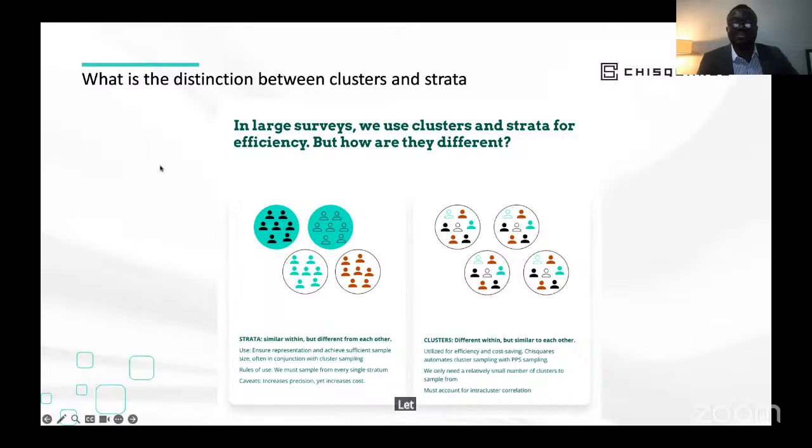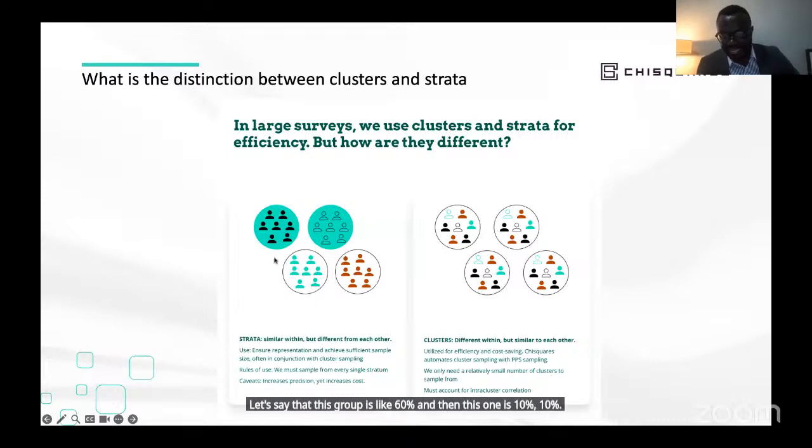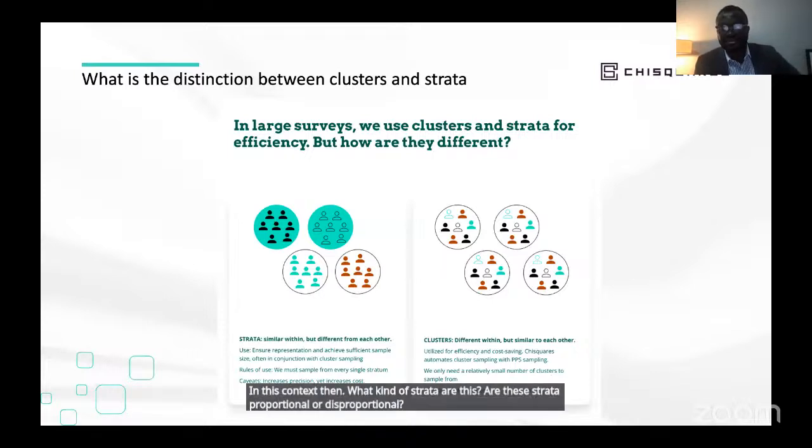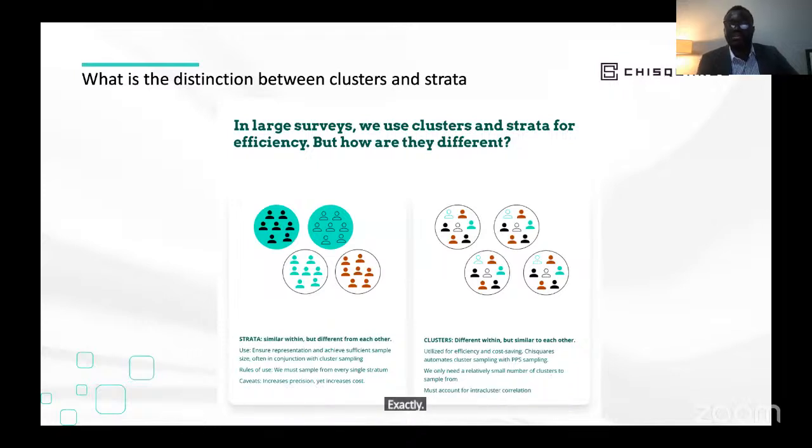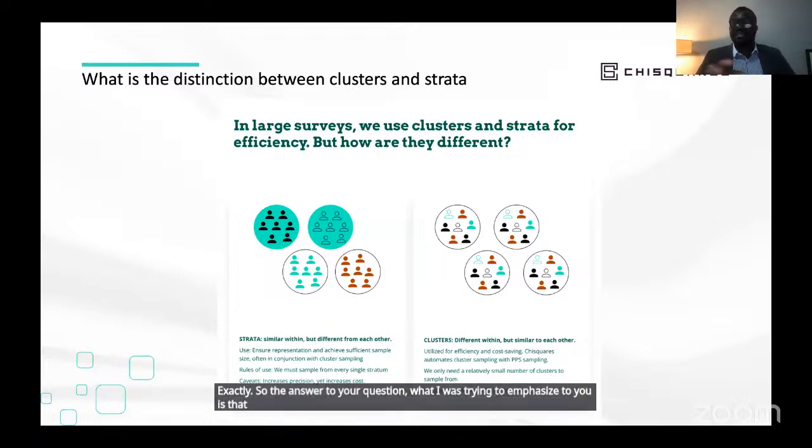Now, let's say that is not the actual percentage, right? Let's say that this group is like 60%, and then this one is 10%, 10%. In this context, then, what kind of strata are these? Are these strata proportional or disproportional? They are disproportional. Exactly. So the answer to your question is that it's not as if you stratify and then you now do proportional sampling.